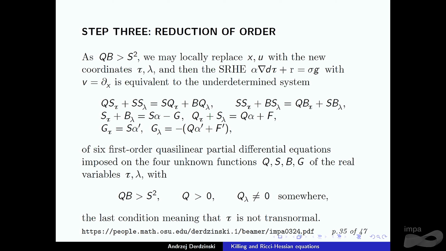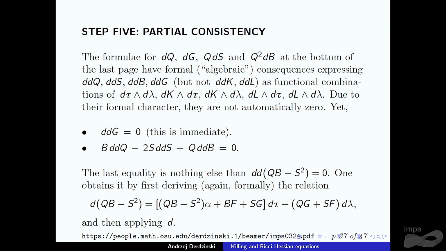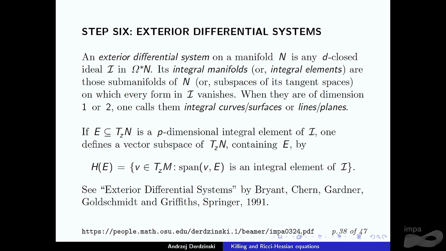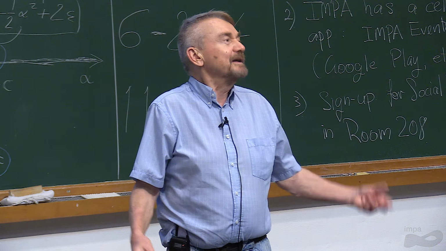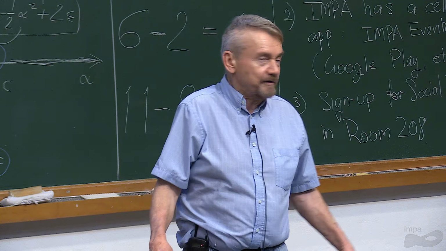So now we are looking at this, and what can we say? Now, in order to establish the existence of solutions, the most obvious, the most natural and useful thing is to resort to exterior differential systems.